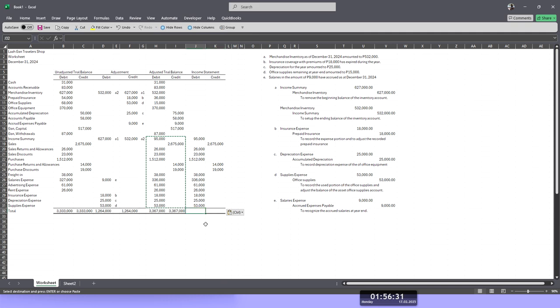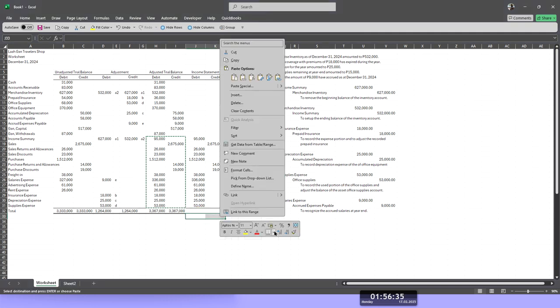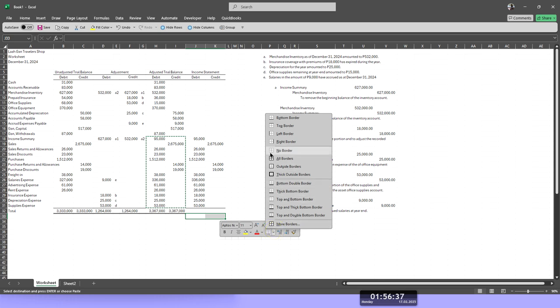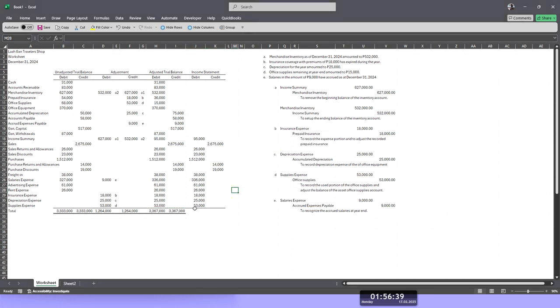And then this one here has a different footing format. I'll delete that one. Determine the total of the debit and credit under the income statement column, equals sum.